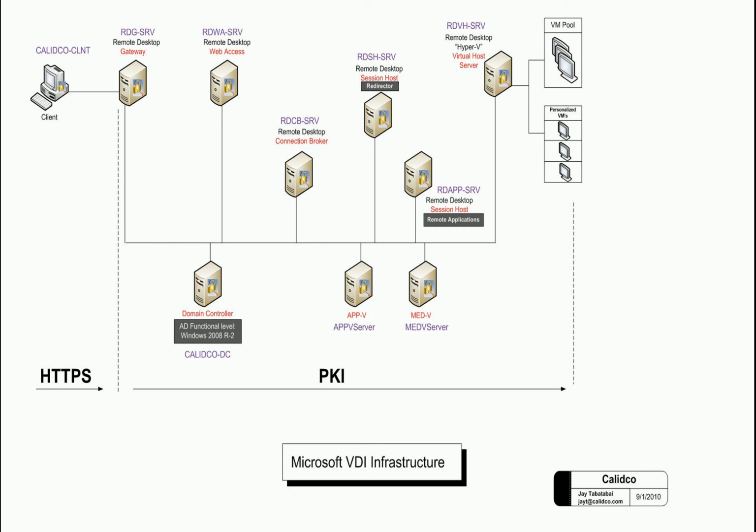App-V is used for sandboxing and for centralized management of applications. It is the facilitator that allows migration from XP to a more modern operating system, and lets us inject applications that do not behave well with Windows 7 into the environment.